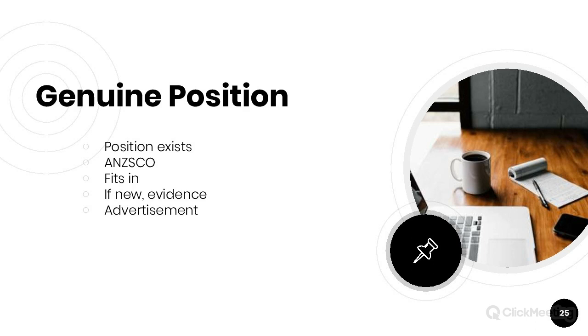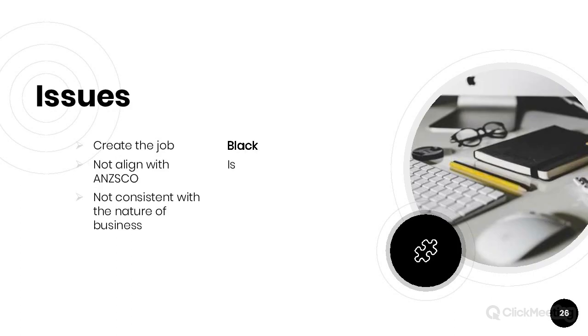So once nomination, of course, you have to nominate someone. But at this stage, we don't require the candidate to provide their work experience, their qualification, and their English requirement, right? Okay. Now, a lot of the nomination refusals since the new in charge, sometimes the business creates a job in order to fulfill the decision.